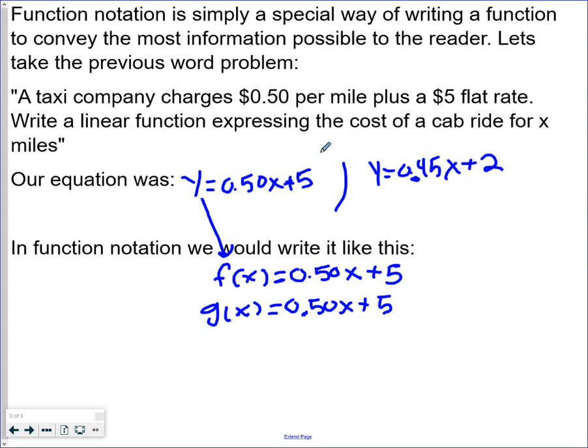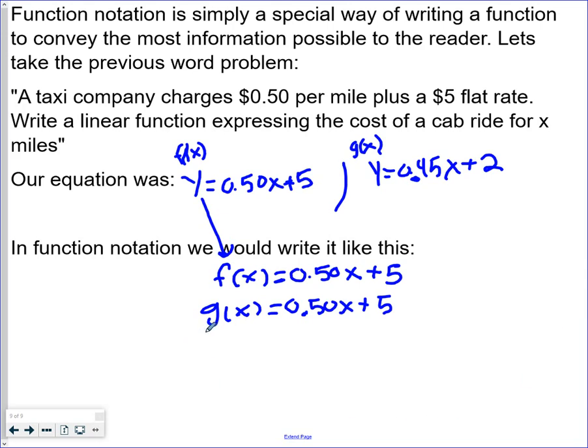If I was analyzing these two companies, it'd be kind of hard to tell them apart when I get down to the nitty-gritty because they're both in terms of y. Whereas if this was f of x and this here was g of x, then it'd be easier to keep them separate because I could say function f does this, function g does that. I could call them function f and function g rather than cab company 1, cab company 2.